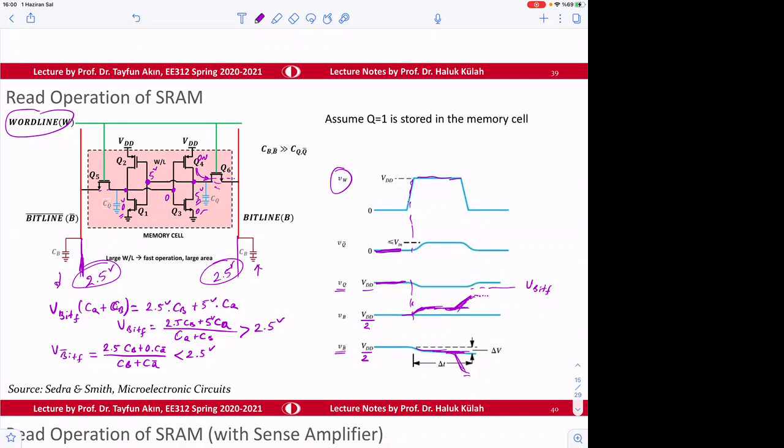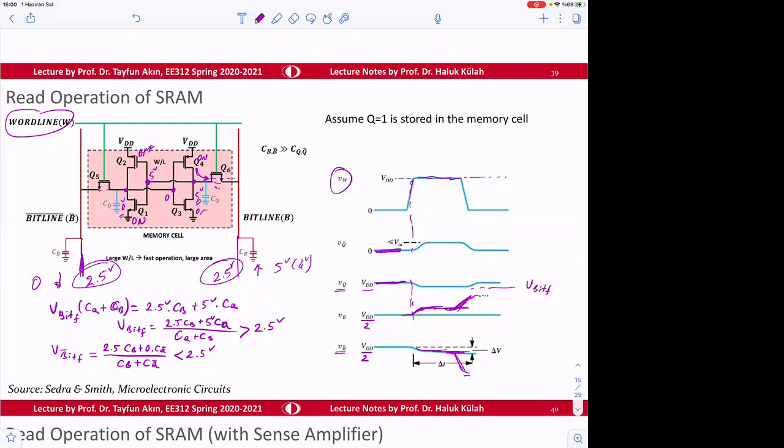So if we keep this long enough, and then if we also wait enough, then the voltage here in the bit line will reach 5 volts or 4 volts maybe. And this will go down to 0. Why? Because this one is on, and this one is off.